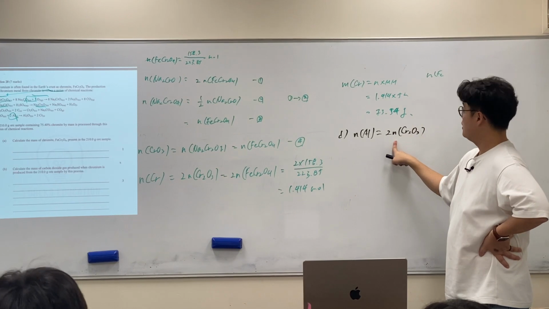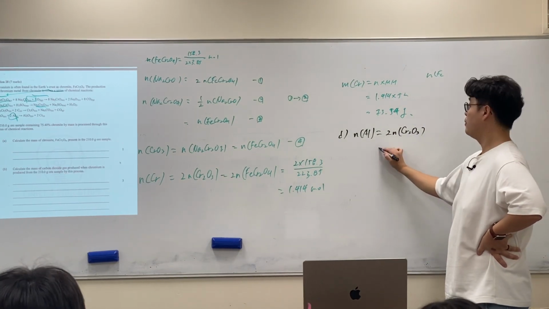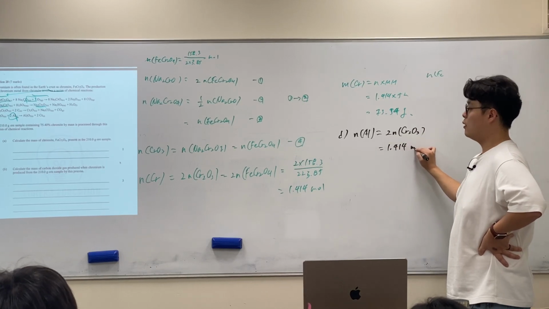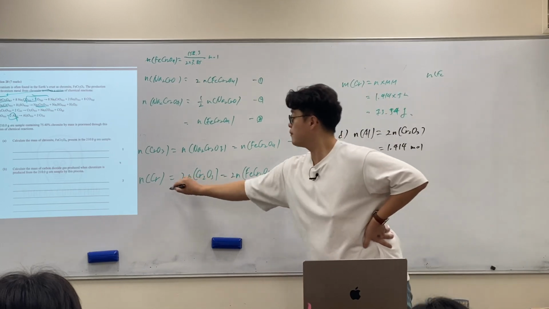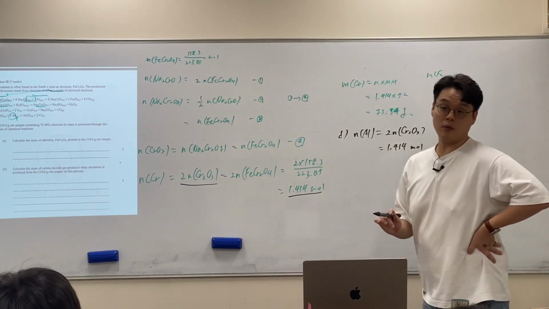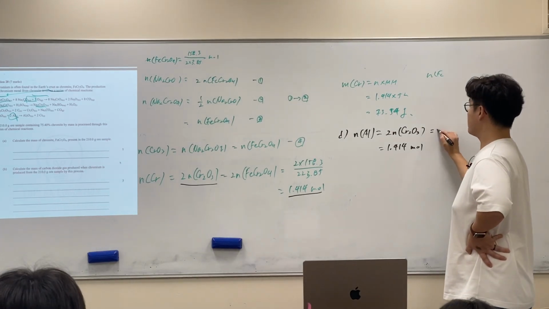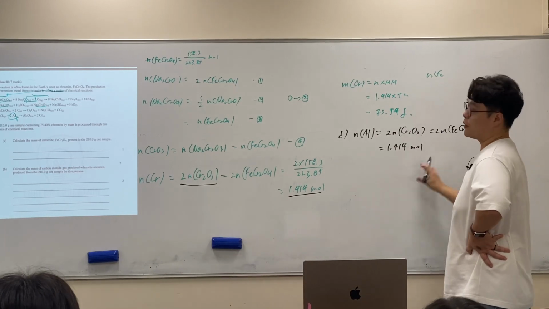That's the same as 1.414. We found it from question C. Can you see that? Okay, you say 1.414. Or you can show that it's the same as 2N of the FeCr2O4 from the previous question.